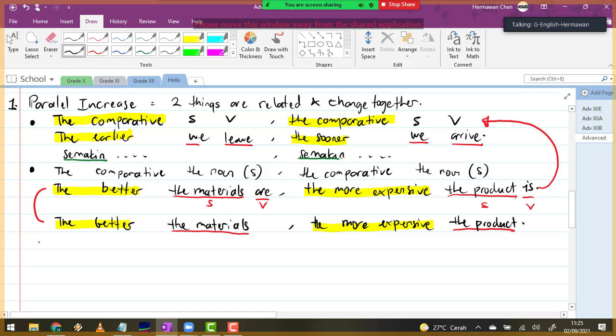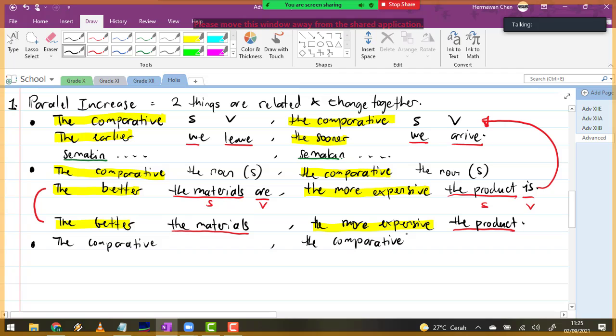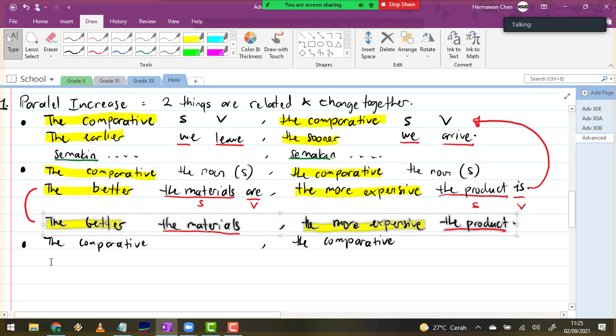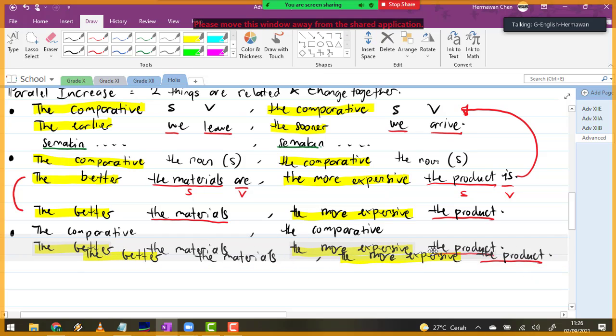Okay, if there is no question, I'll give you the last pattern. The last pattern is actually the shorter version of the second pattern. It's even shorter. It becomes the comparative, comma, the comparative. That's it. Have a look at this one. This example is taken from the example of the second pattern.